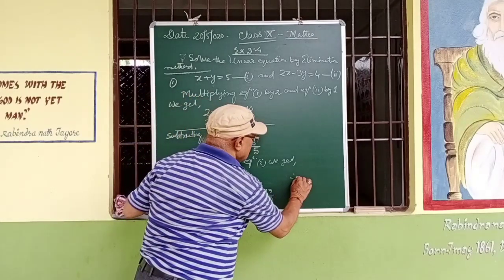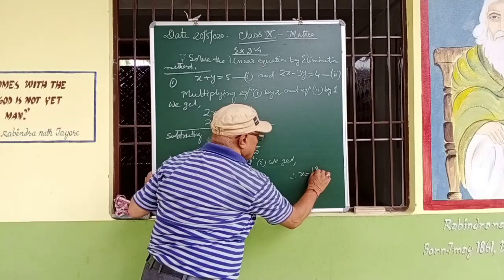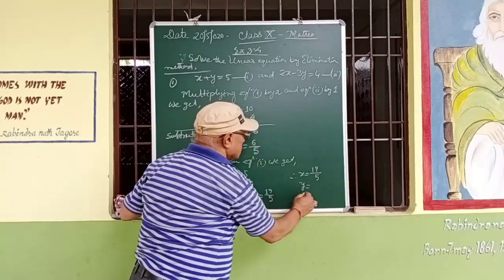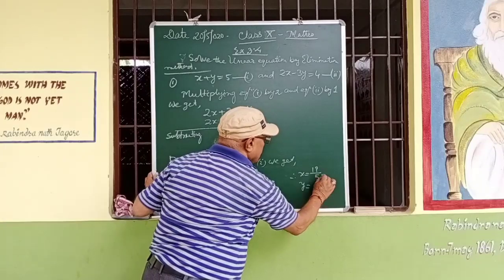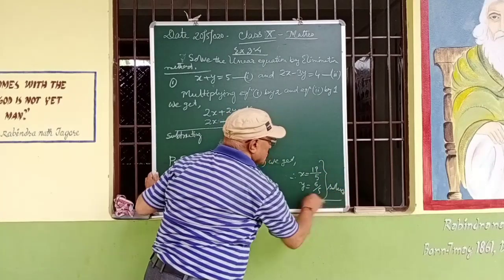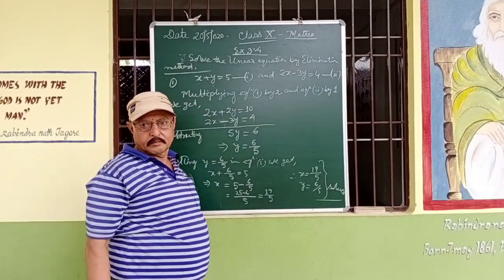Therefore x is equal to 19 by 5 and y is equal to 6 by 5. It is our solution. Understand? Yes, sir.